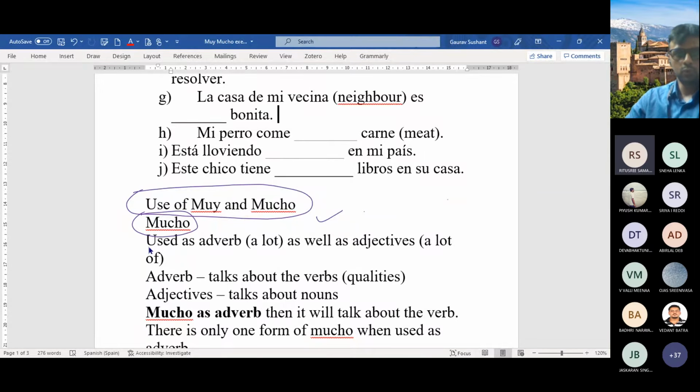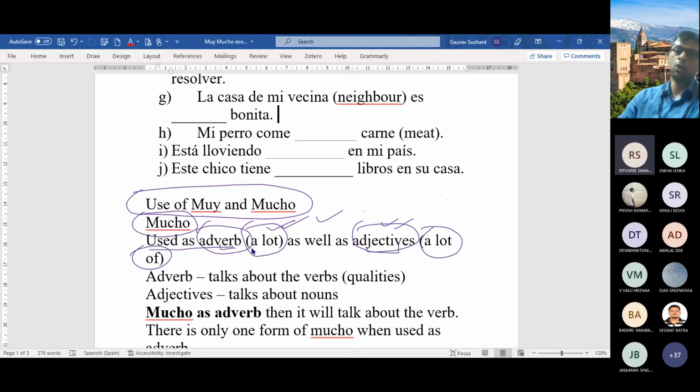First, MUCHO is used as an adverb, and MUCHO is also used as an adjective. In terms of meaning, there is a difference. If you translate MUCHO as an adverb into English and MUCHO as an adjective, then it is different. If it is an adverb, it will refer to the meaning a lot. And if it is used as an adjective, then it will refer to a lot of.